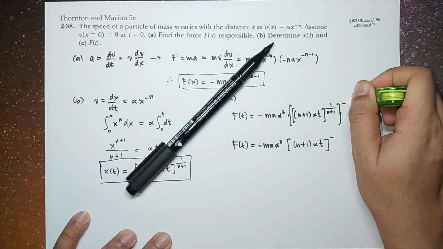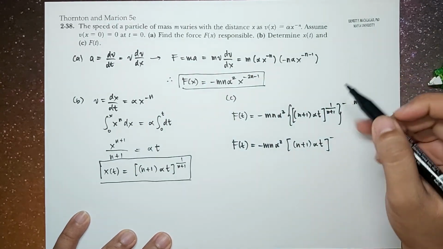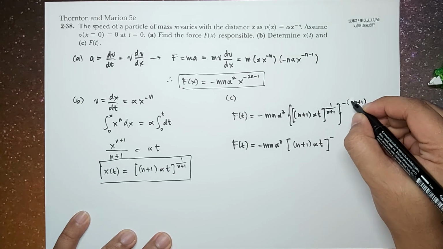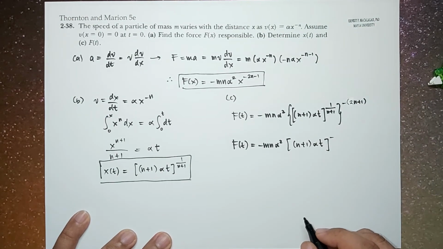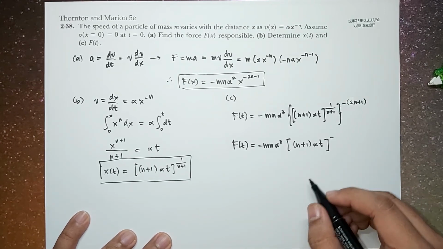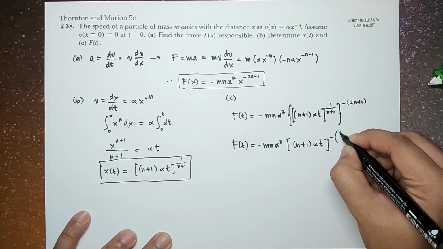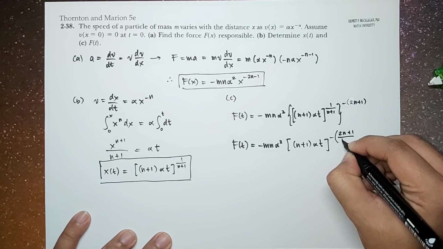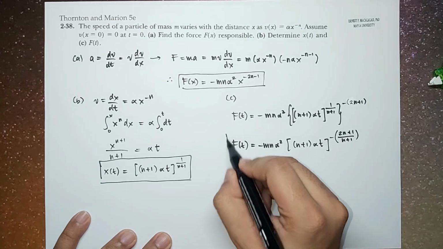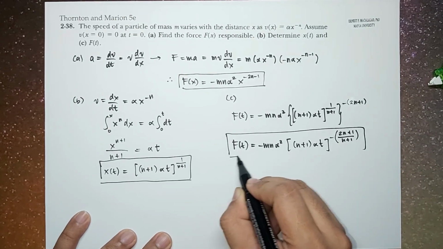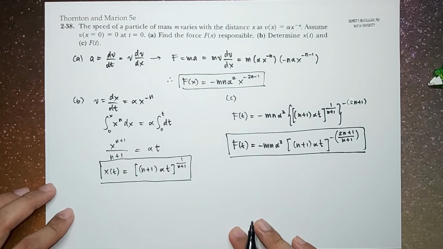The parenthesis here should be outside. So this is negative 2n plus 1. Anyway, here this becomes 2n plus 1 over n plus 1. So this is now the force as a function of time.